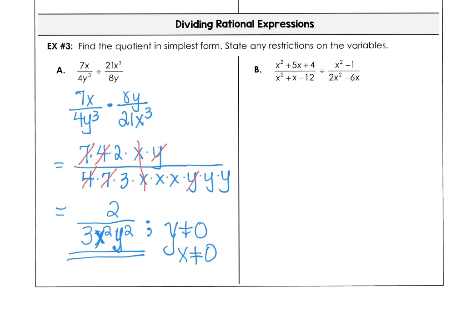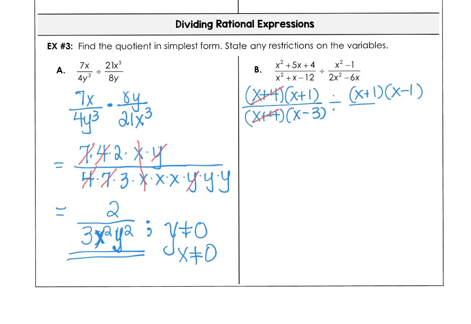In part B, if we factor, you've got x plus 4 times x plus 1, and then x plus 4 times x minus 3, and we're taking out the common factors there. Then we're dividing by x plus 1 times x minus 1, and then a 2x times an x minus 3.